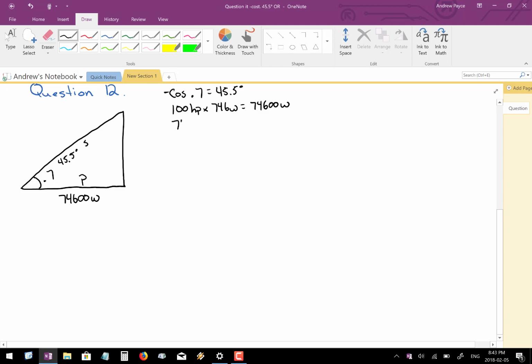I can go 74,600 watts divided by my power factor of 0.7 should give me 106,571.429 VA. Excellent. Represented on the hypotenuse of my triangle.